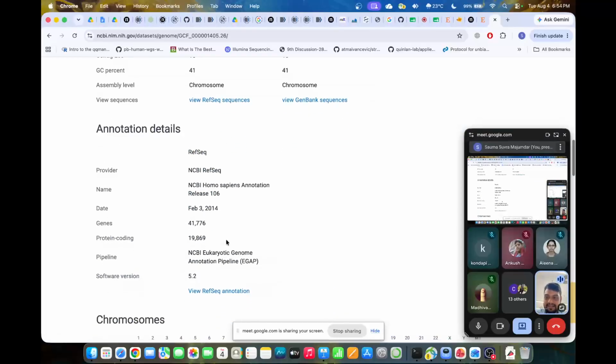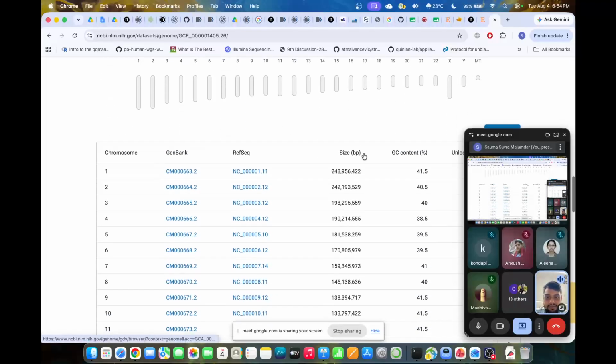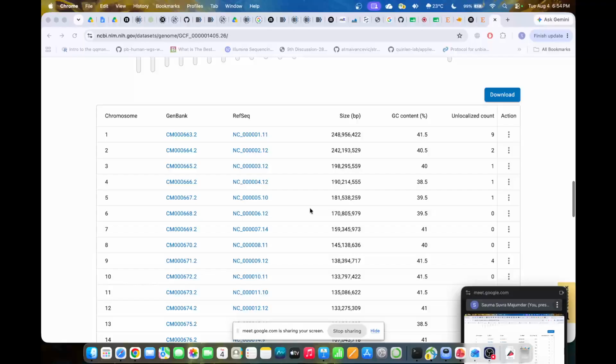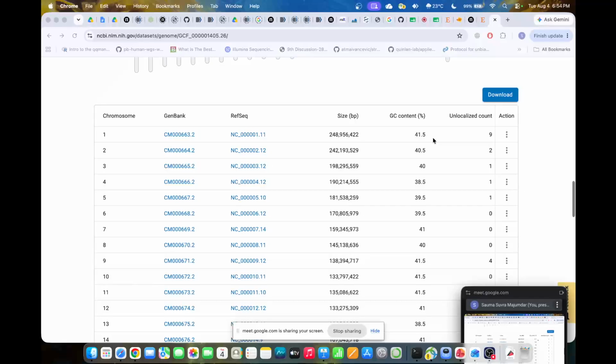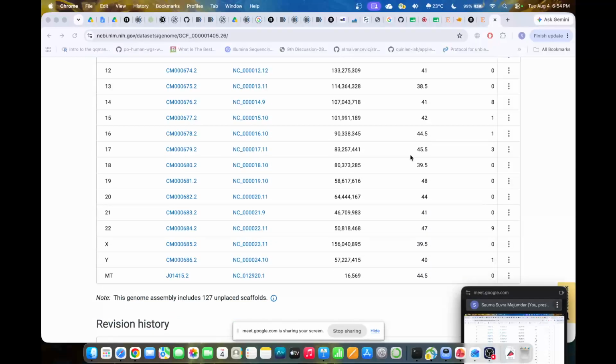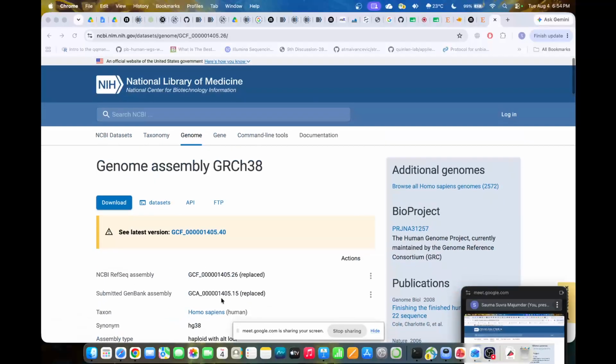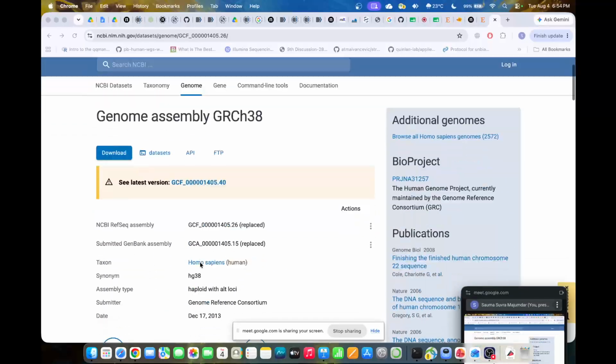There is extra information: how many total genes there are, how many protein coding genes, and the length of each chromosome. For example, chromosome 1 is around 248 million base pairs, and the GC content is 41.5%. Across all the chromosomes you can get this information, and there will also be mitochondrial DNA. All this information you can get in a FASTA file.